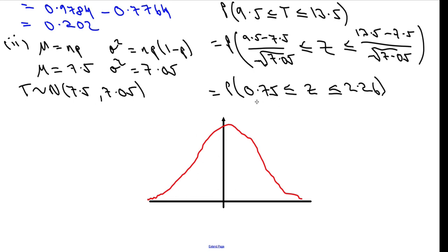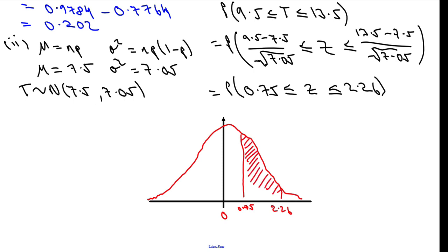Right, so it's between 0.75 and 2.26. Remember that the mean is 0 in the standardized normal, so that means 0.75 is going to be, say, over here, so call that 0.75, and 2.26, say, is up here somewhere, 2.26, and we want the probability that it's in here.